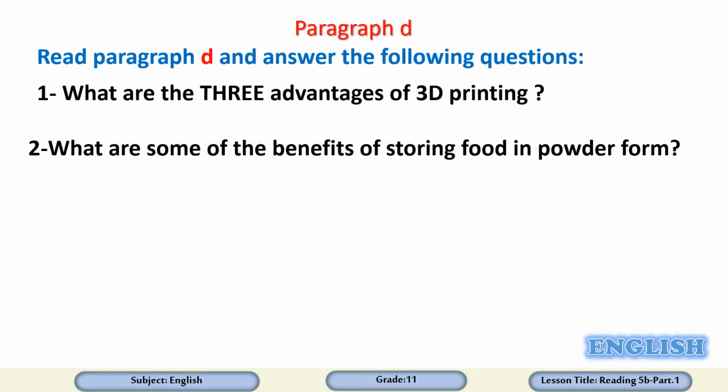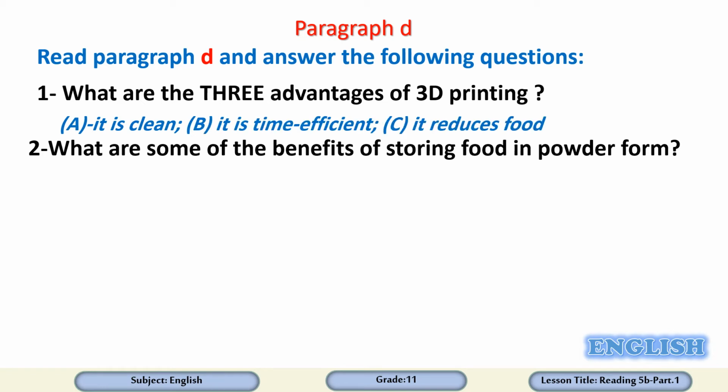We go now with the questions of paragraph D. Question number 1. What are the 3 advantages of 3D printing? Very good answer. It is clean, it is time efficient, and it reduces food waste.